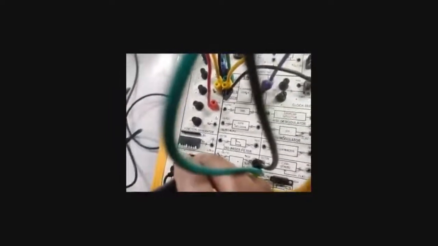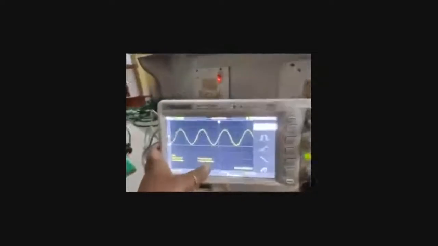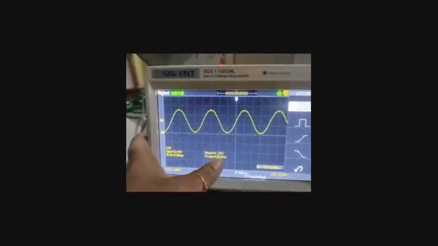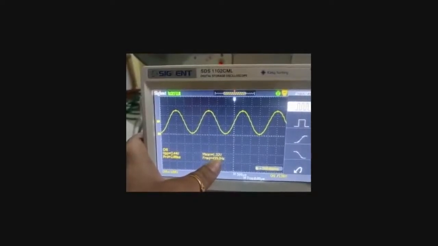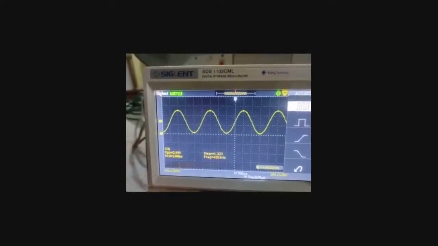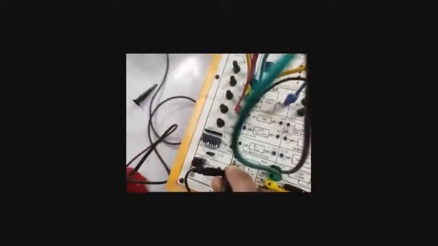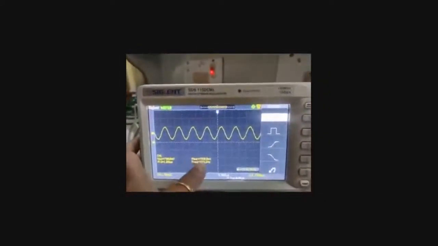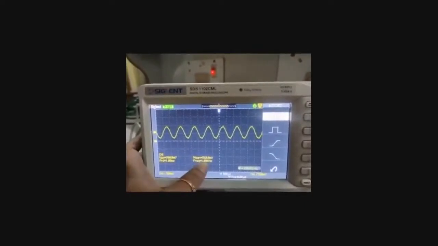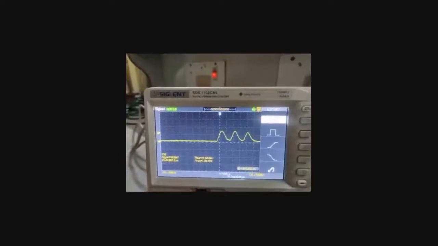The first one is OUT31. Here you can see 499.4 Hz, meaning 500 Hz, the signal that we gave at the input. Then next, OUT32: here you can see nearly 1 kilohertz, which we gave at the input side.